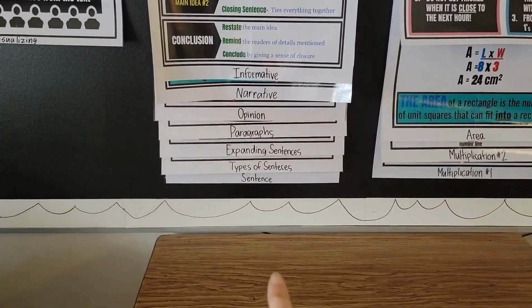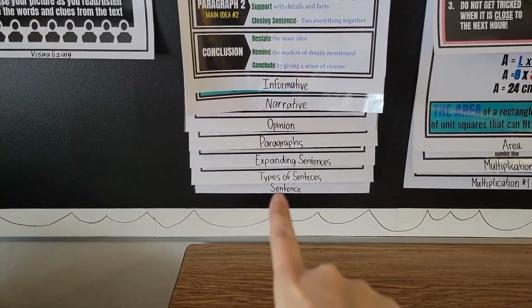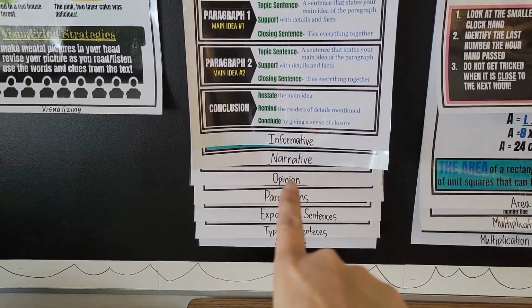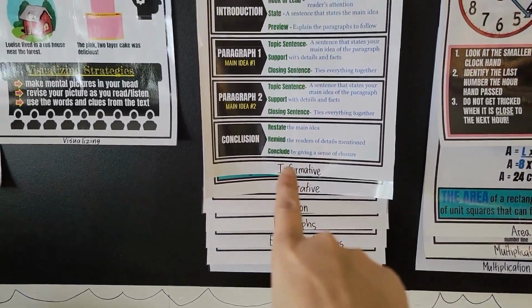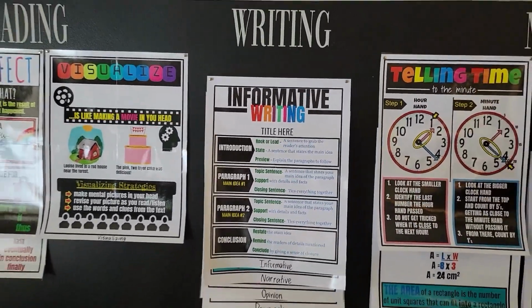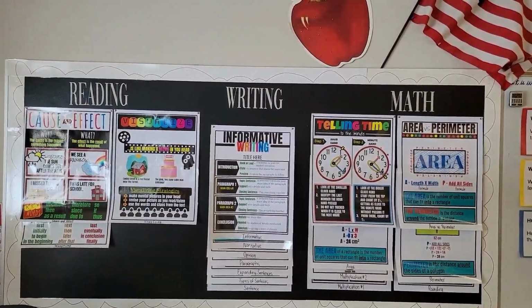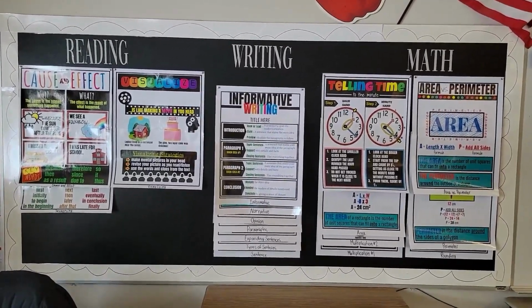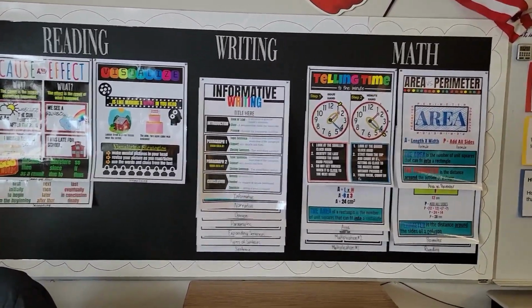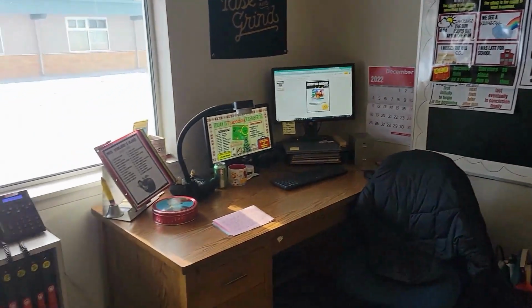We started off with sentences, as you can see here, then we moved up and we just finished opinion writing, and so now we have moved on to informative. So like I said, this really does change at least weekly, if not daily, based on what skills we are learning currently.